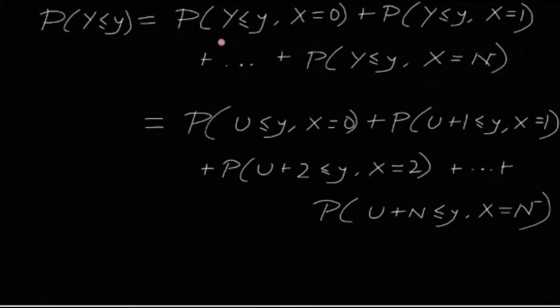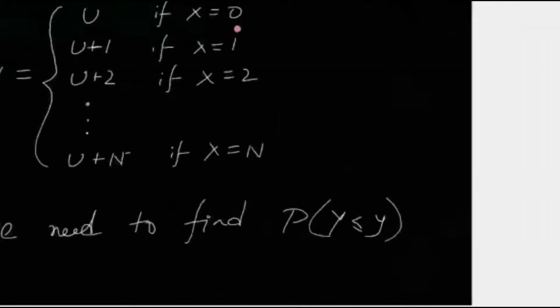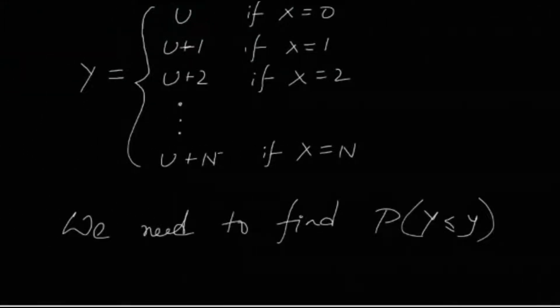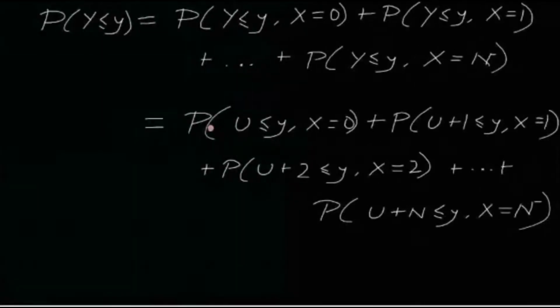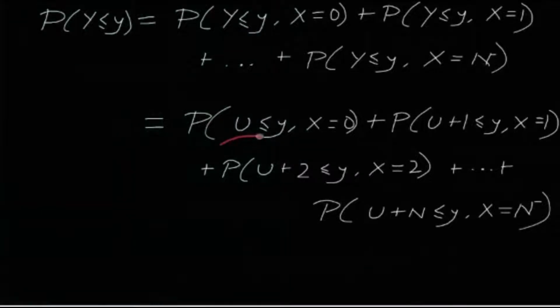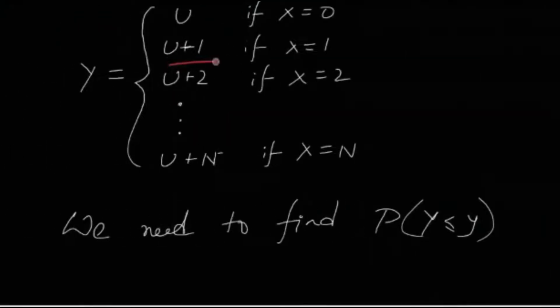Now for the first one, if X is equal to 0, then obviously Y is U, as we have just said. So that means it's nothing but probability U less than or equal to y, and X is equal to 0. Again, if X is equal to 1, then Y is U plus 1.